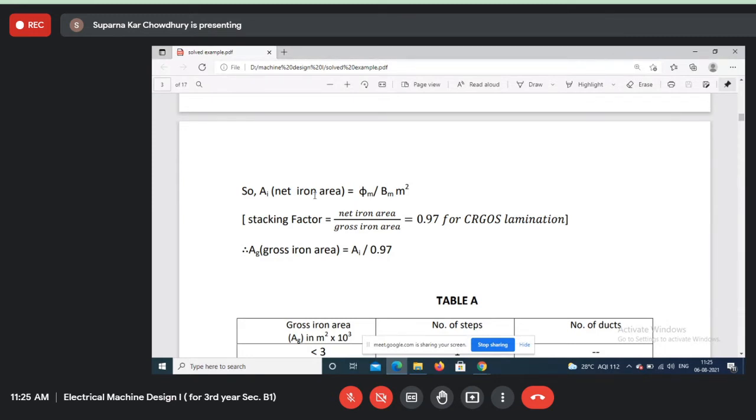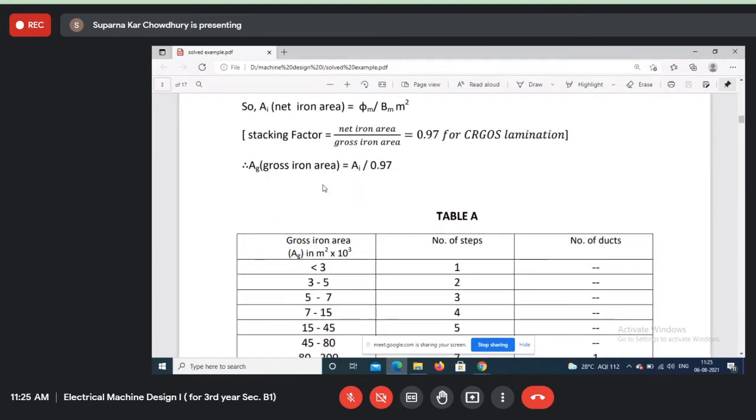Gross iron area is the net iron area plus the area of the insulation. For CRGOS lamination, it is very thin, so the stacking factor is 0.97. We have the net iron area here, so that divided by the stacking factor will give you the gross iron area.